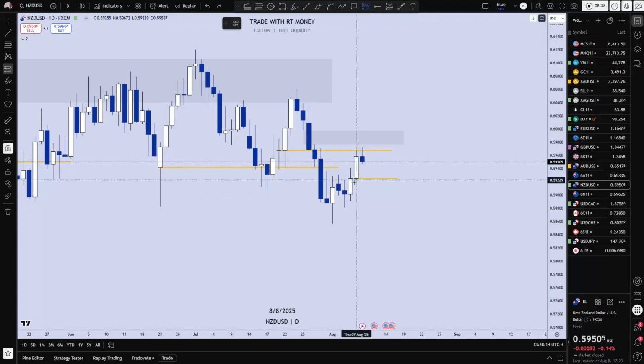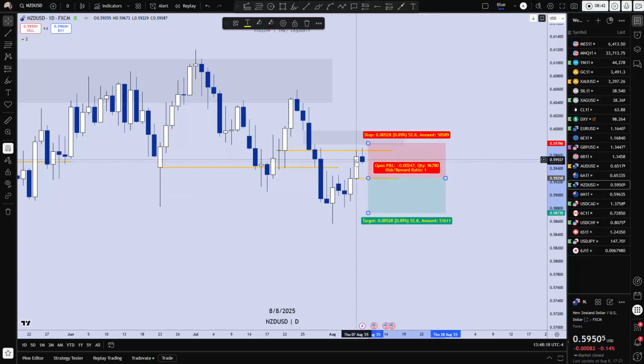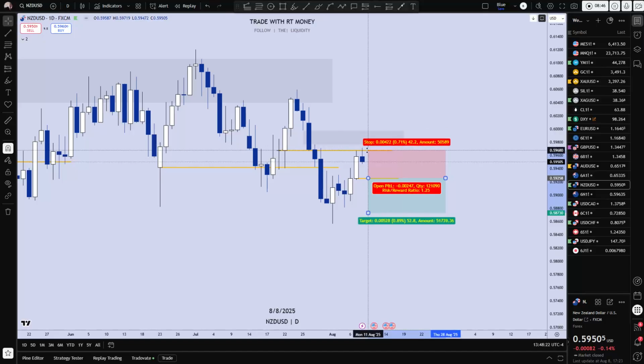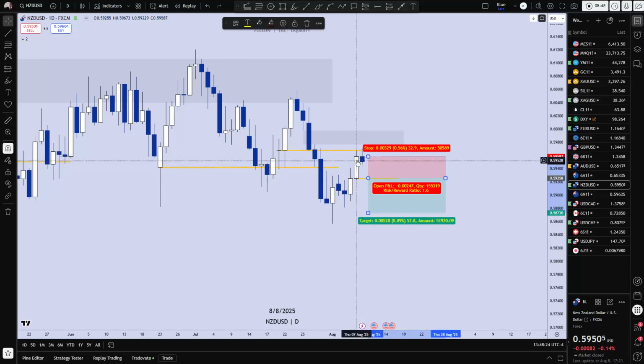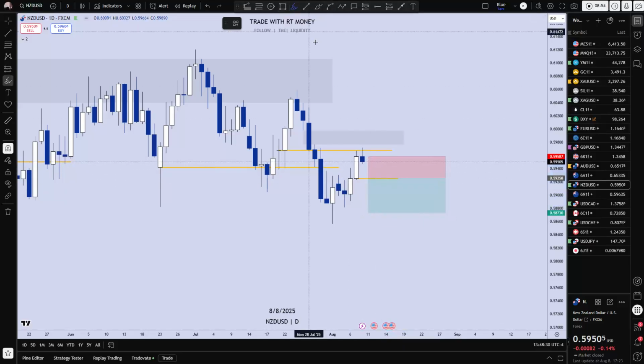Okay, so if price does make it down here, this is where I will put my entry, and I will put my stop loss above the high of the body. I don't want to see price come back when we get that bearish engulfer. Let me draw it out for you.